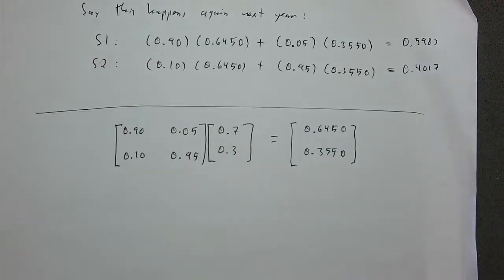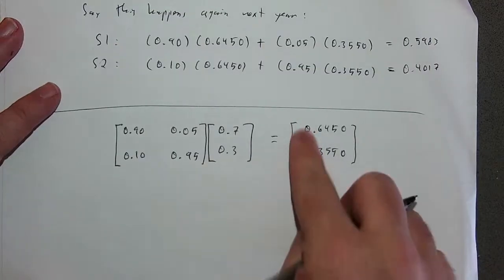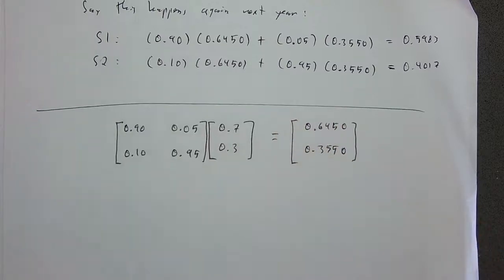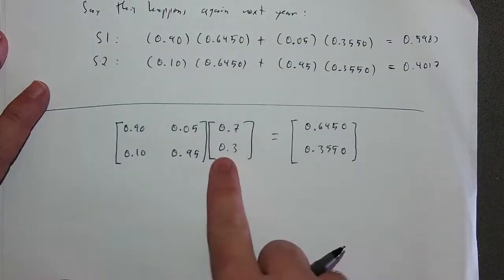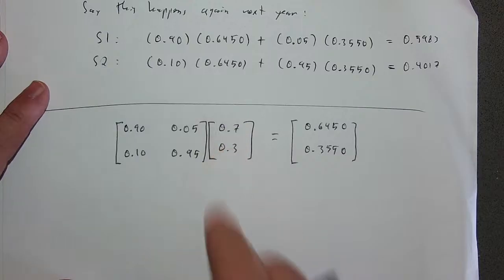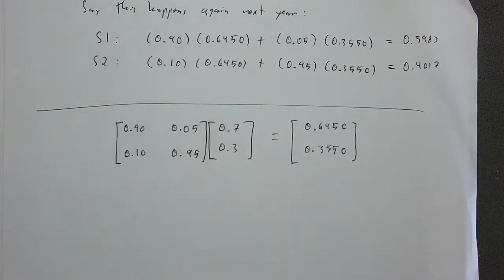So what I really have here is my population of the next year, assuming the population distribution has initial values indicated by this vector. This would be the values of that population distribution for the next year.